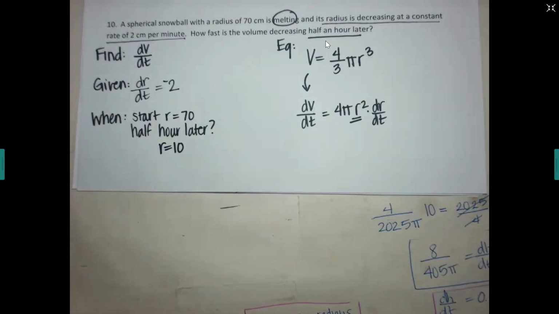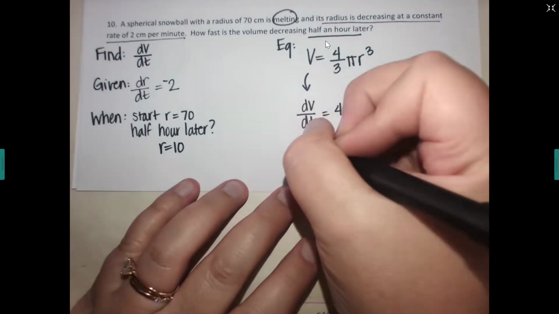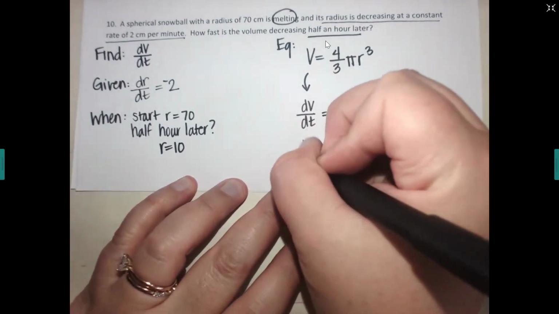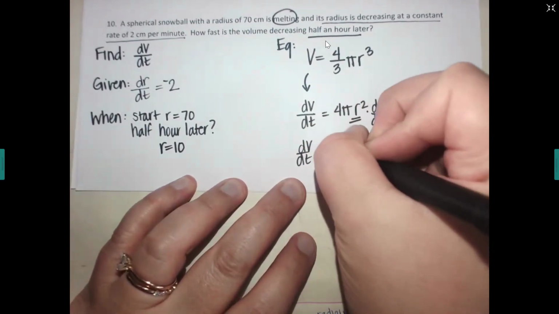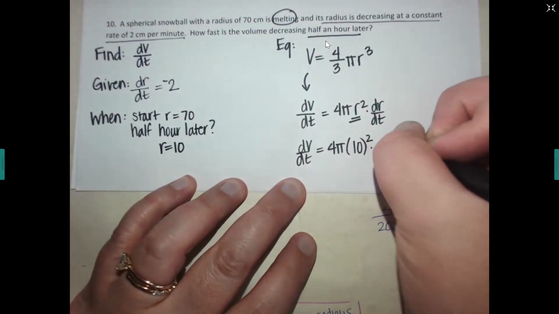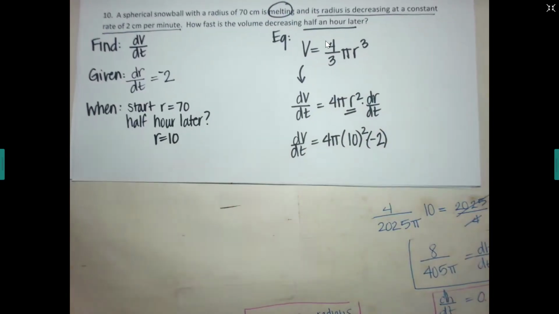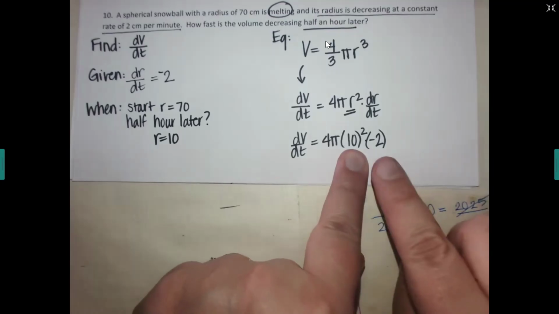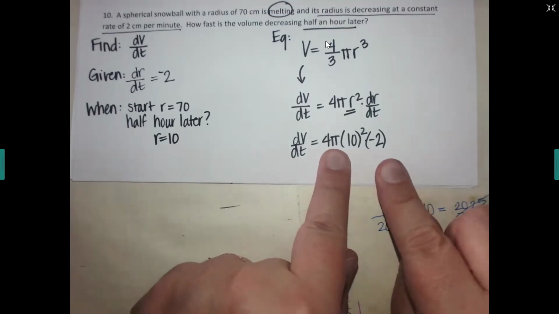And now I have everything that I need that I can plug in. So my dV/dt equals 4 pi. My r is a 10. My dr/dt is a -2. Then what's 10 squared? 100. 100 times 4 pi would be 400 pi.